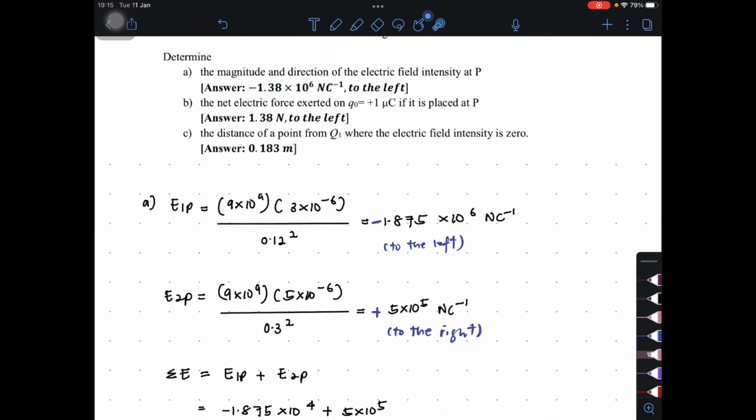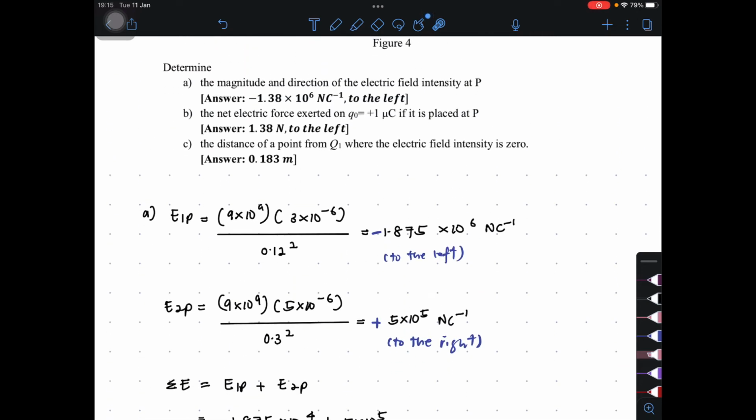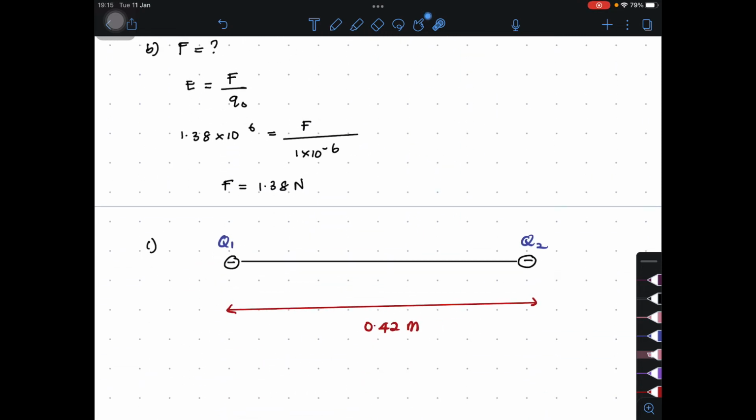Let's say there is a point here, and we label this point as point A. We want to find the distance from Q1 to point A when the electric field at point A is equal to 0.